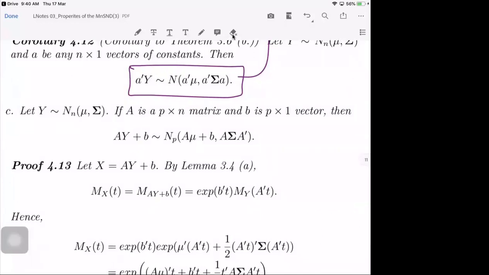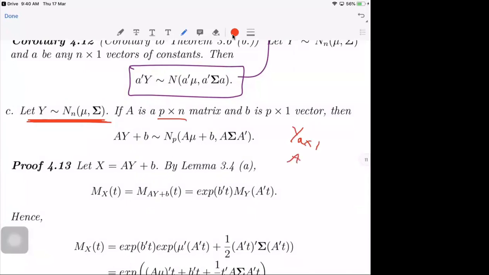Next. We start with the assumption that Y is normally distributed. You pre-multiply Y by a matrix A, P by N. So this is conformable because your Y is N by 1. So AY is P by N times N by 1, so your AY will become P by 1.